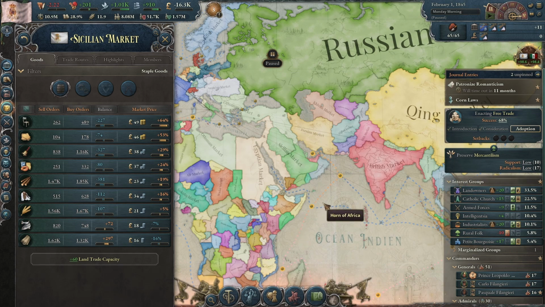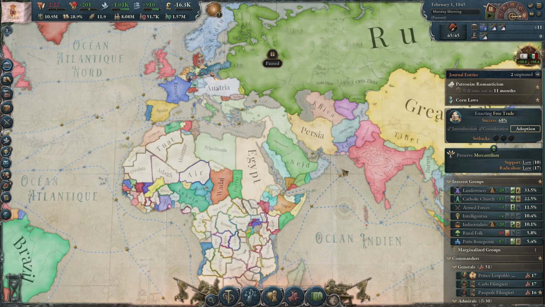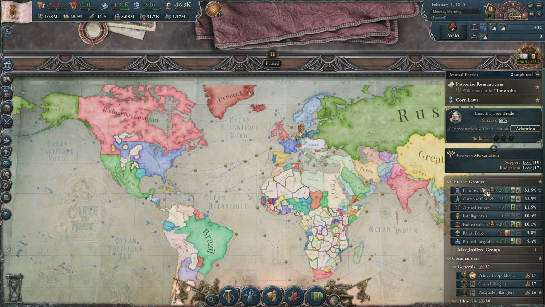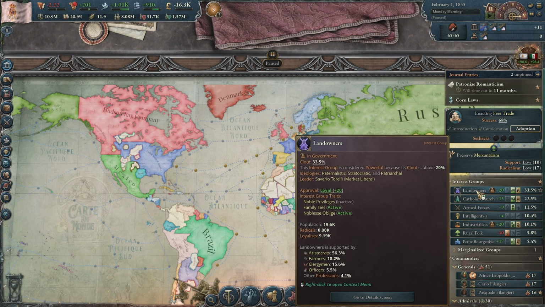And so this is where the complication of politics and trade starts to emerge. Is it better to sell a good or buy a good if it makes a political enemy stronger? I'm telling you here in this video, yes. It doesn't matter if you're empowering the landowners by participating in a little bit of trade.